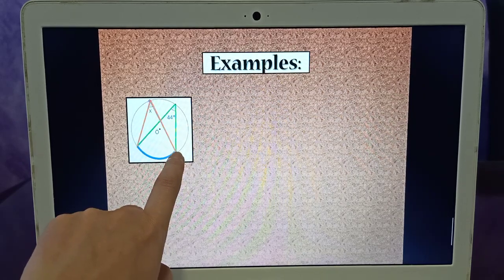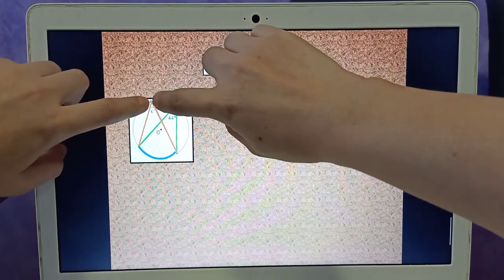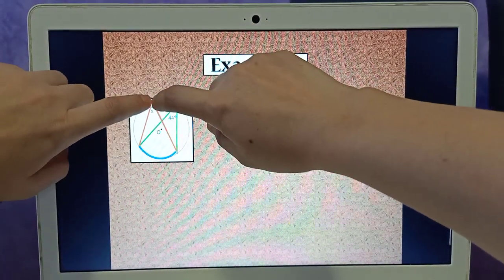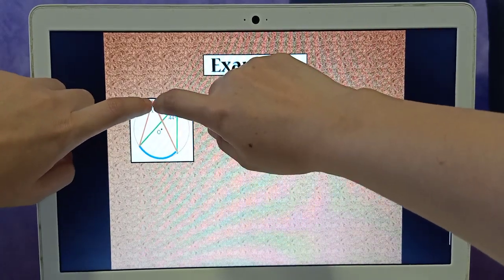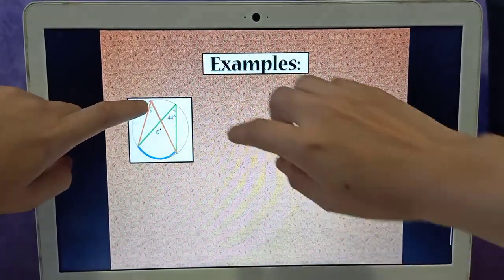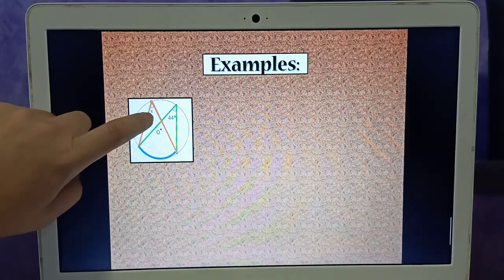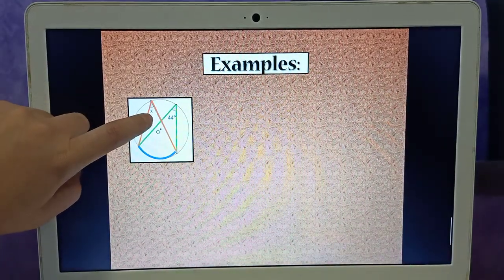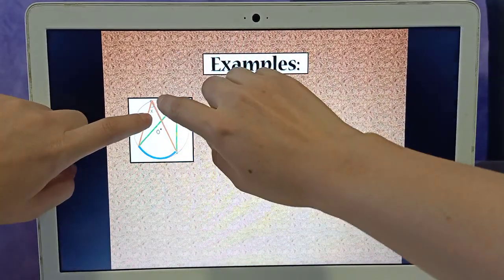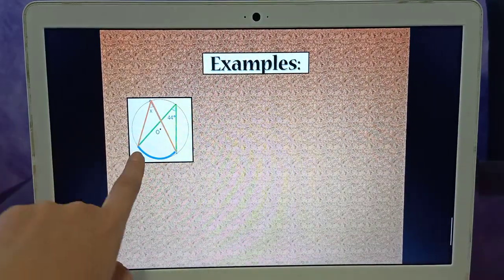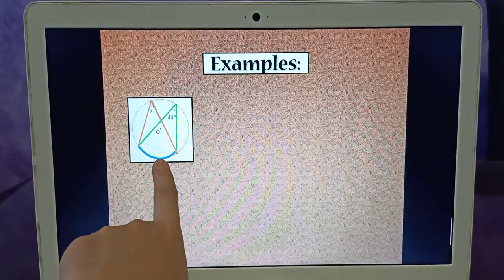Next, it happens that there is another pair of chords, also drawn and meeting at a point on the circumference. And this angle x is also an angle subtended at the circumference by the blue arc as well.